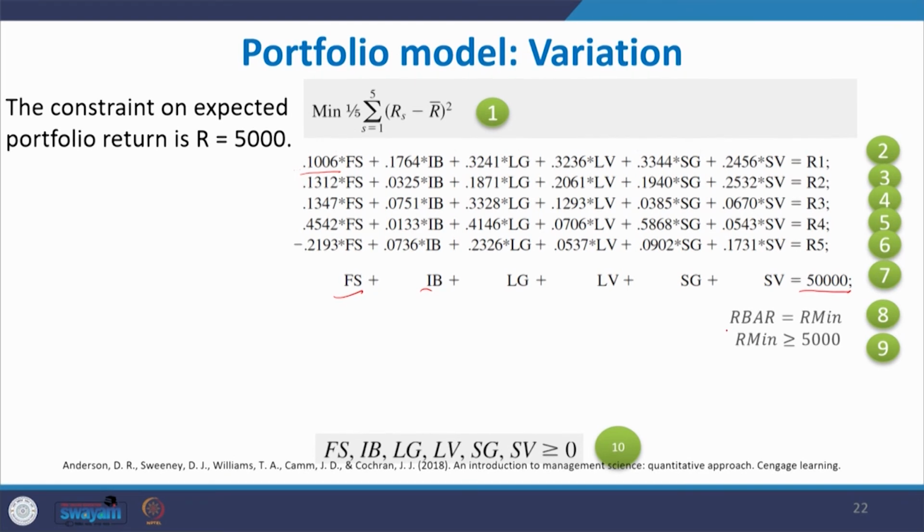The R bar, the expected rate of return, should be at least R min. R minimum should be greater than or equal to 5,000 because of the 10 percent: 10% of 50,000 is $5,000. Now we are going to solve this problem and get the result in terms of the actual amount invested in each asset.